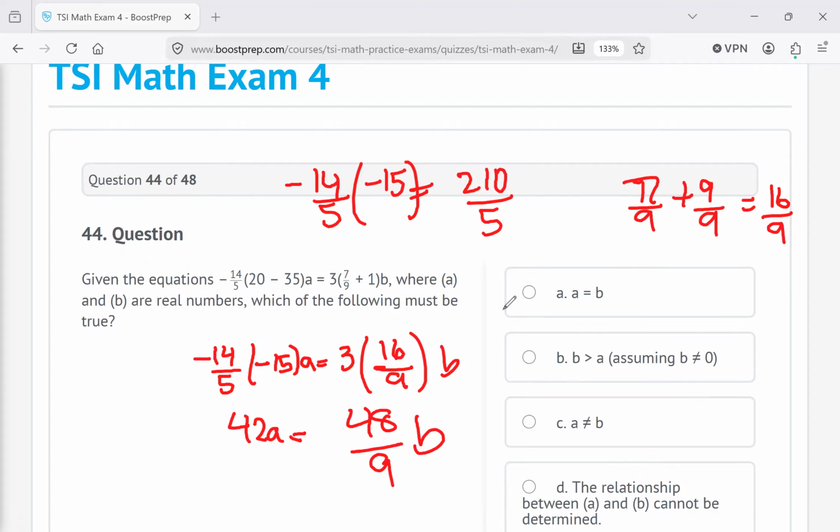So is it A equals B? I don't think so. Is B greater than A? Does B not equal 0? I think so. I think it has to be C: A cannot equal B. So I'm going to try C. As long as they're not the same, I mean, it's impossible.